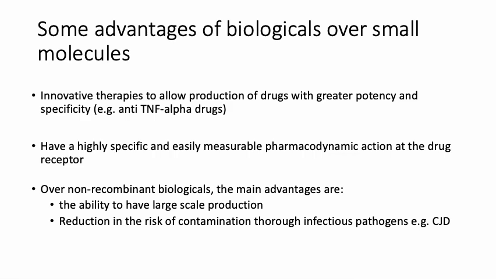And this included innovative therapies. The new technology made it possible to manufacture proteins which had been difficult to extract, such as epoetin for the stimulation of red blood cell growth and the anti-TNF alpha drugs.